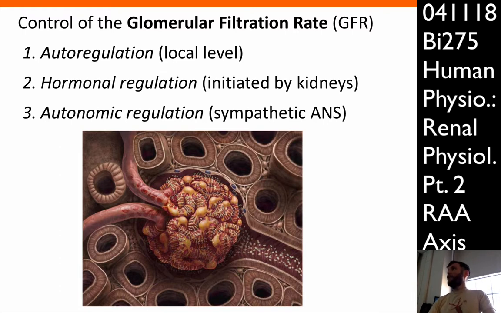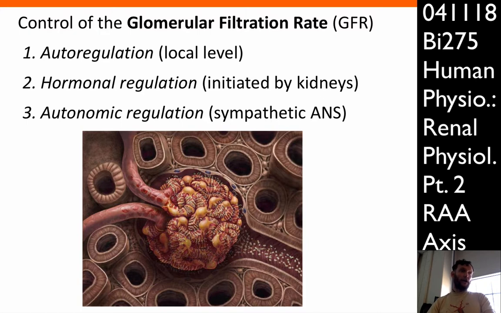There's going to be auto-regulation, the regulation at the local level using either autocrine or paracrine hormones, specifically in this case paracrine hormones. And do you guys remember what paracrine hormones mean? Do you remember what that term means? I ran it by you in the beginning of the semester when we were talking about glandular epithelia.